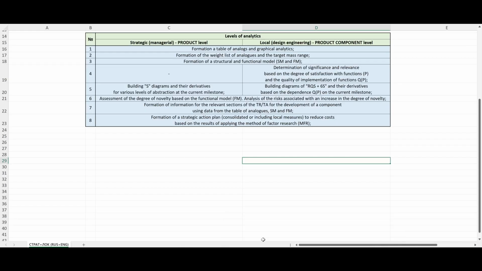The limitations of the applicability of value analysis and value design engineering can be classified and divided into 2 groups. First, restrictions at the strategic level and restrictions at the local level. The first, strategic or management level.